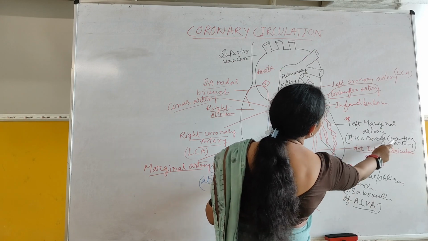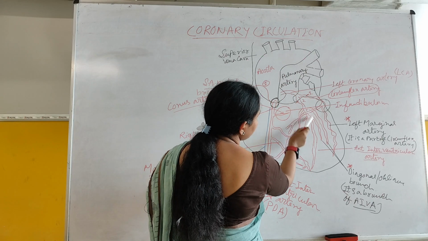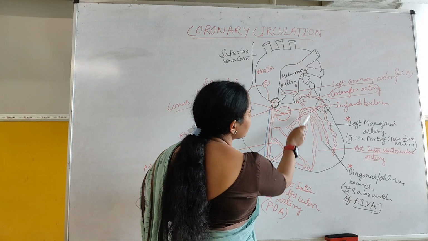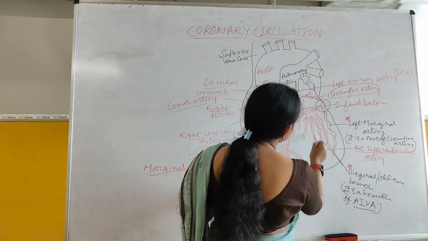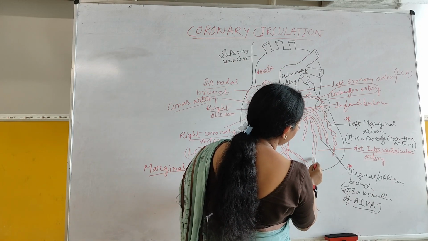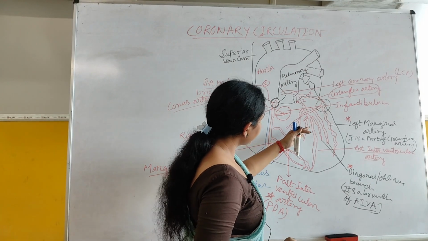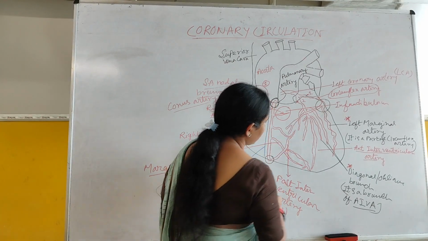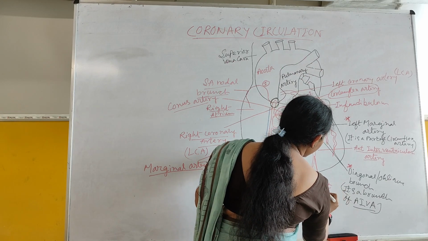It is a part of the circumflex artery, and then this one is the anterior interventricular artery.